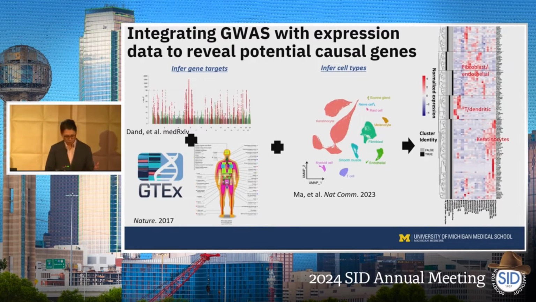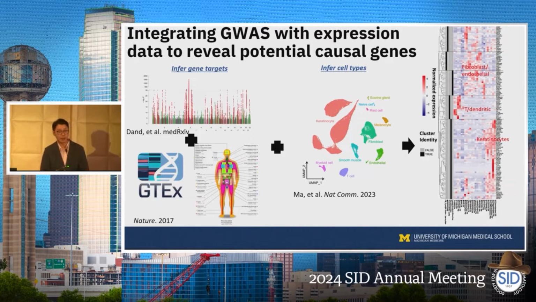To address this, we utilized the most recent GWAS, assuming this is the most comprehensive collection up to date. Then we looked into the potential gene targets in the GTEx data, which has a collection of genotyped individuals with expression profiled in different tissues, including skin and blood.